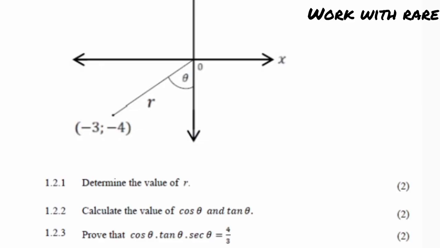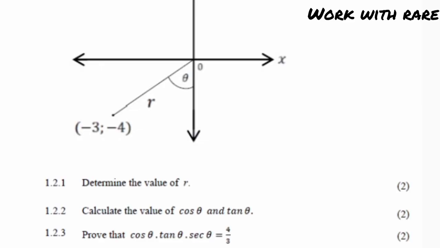So cos theta multiplied by tan theta multiplied by sec theta is equal to 4/3, right? You have to prove. Okay, so we are going to take those trig ratios, multiply them, and we have to get 4/3. So that's how we can prove it.